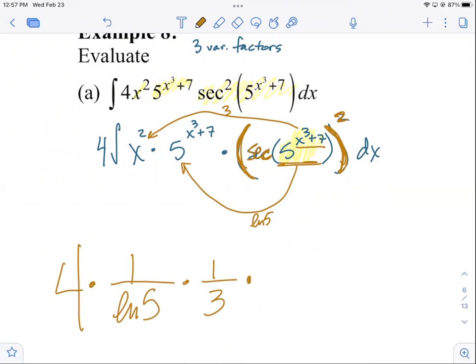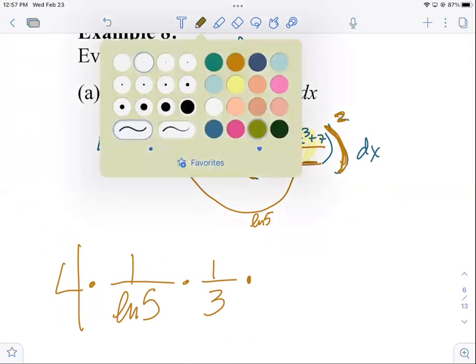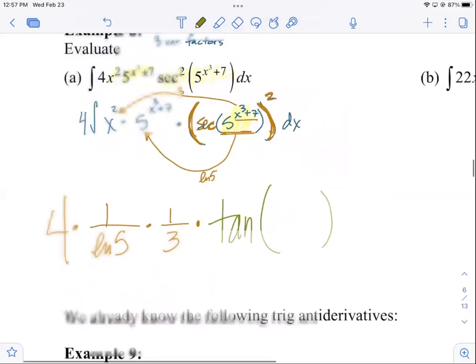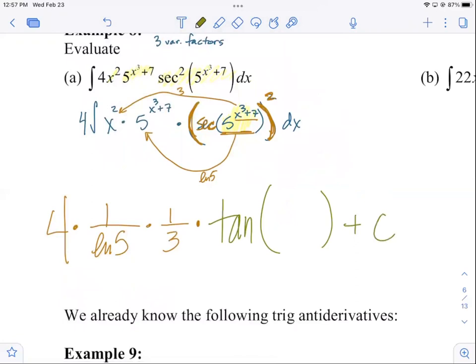The inside functions are contained inside secant squared. What's the antiderivative of secant squared? Tangent of the blob plus c. And the blob is just 5 to the x cubed plus 7th power. And there's your answer. Clean it up if you want.